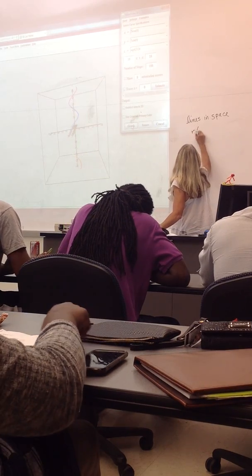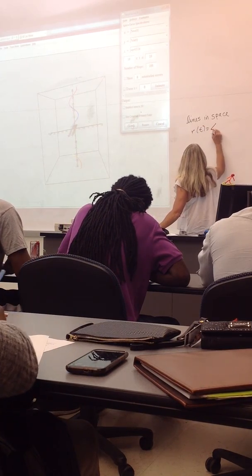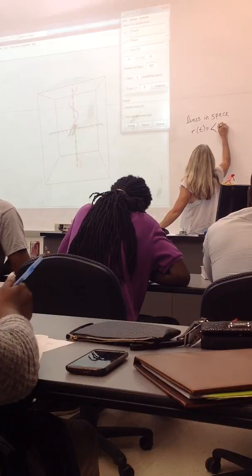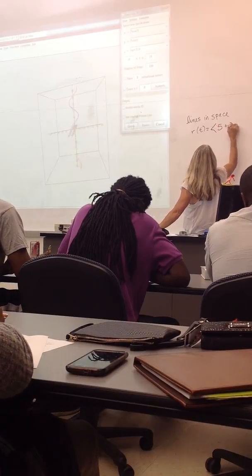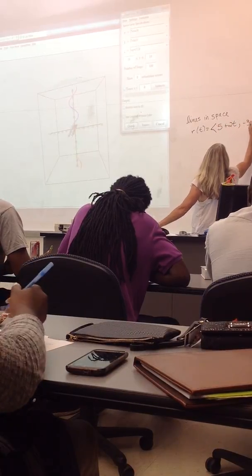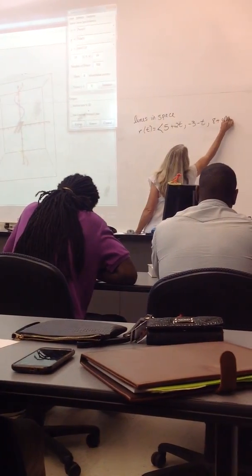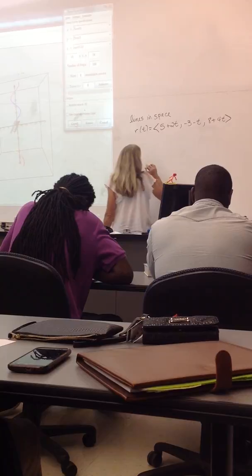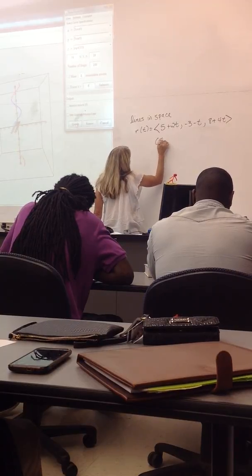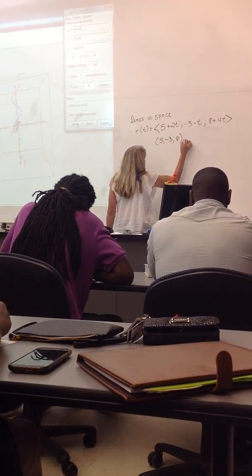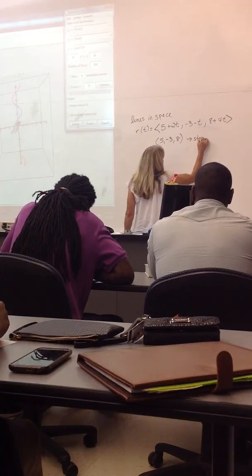And so the way that we were representing lines, it would look something like this: 5 plus 2t, negative 3 minus t, 8 plus 4t would be an example.